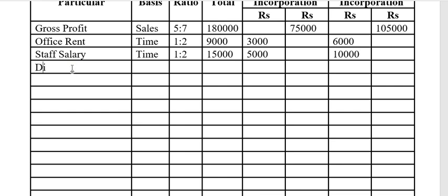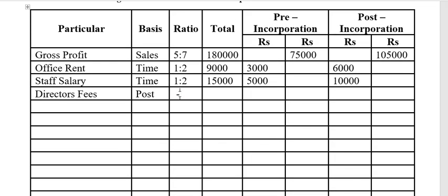The basis is post, and there is no ratio. The amount of director's fees is 4,800. Write 4,800 directly in post incorporation, because director's fees is only applicable after incorporation, so this entry will come there.